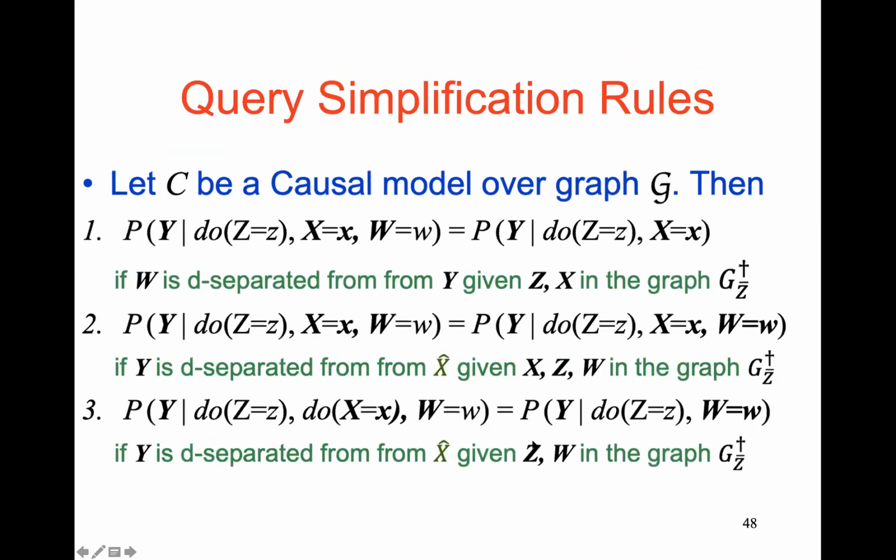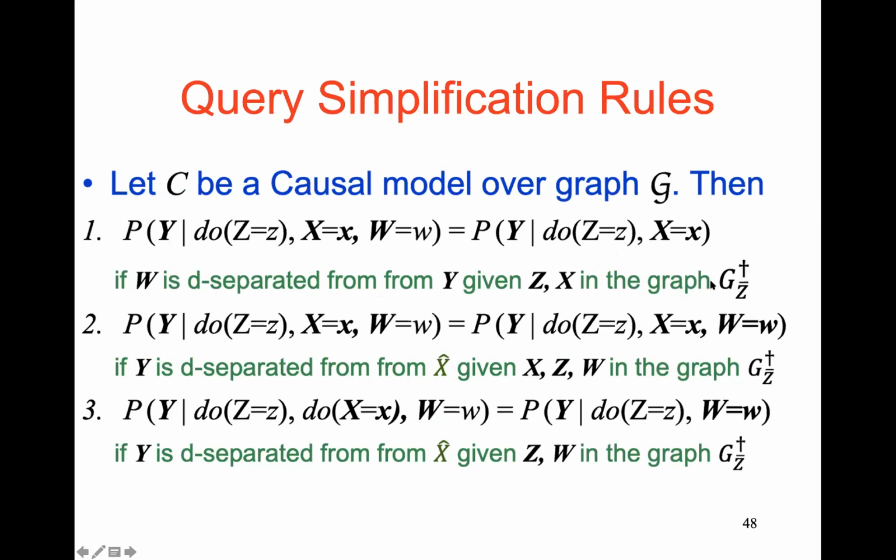So there are a whole bunch of query simplification rules. Let C be a causal model over graph G. Then P of Y given do Z, X equal to x, W equal to w is equal to the simplified query, right? If W is d-separated from Y, given Z and X in the graph G_C.